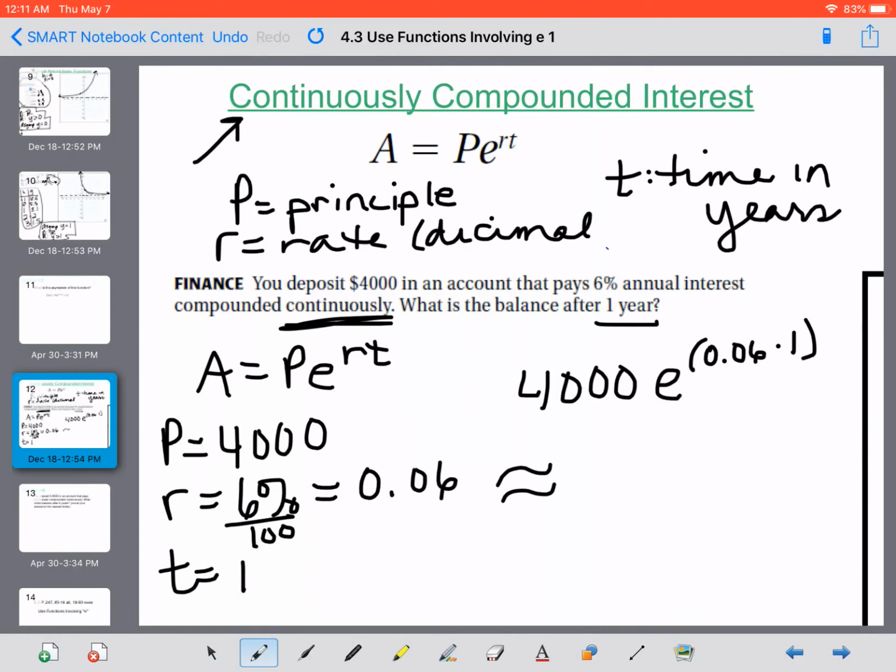Then you just have to plug it into your calculator. So 4,000, second ln. And then make sure you use parentheses here if you're entering that into the calculator. This one will just be 0.06 because it's times 1.